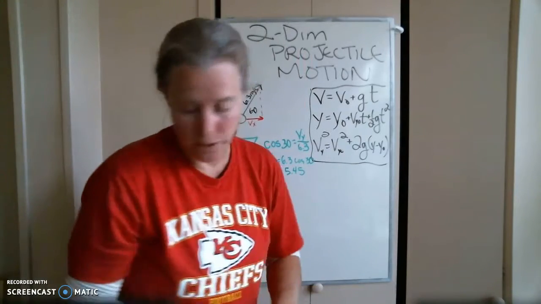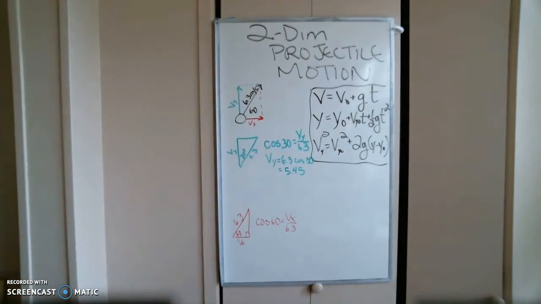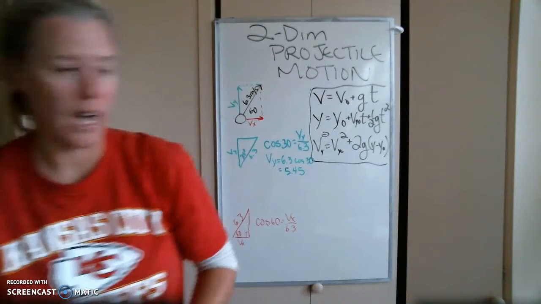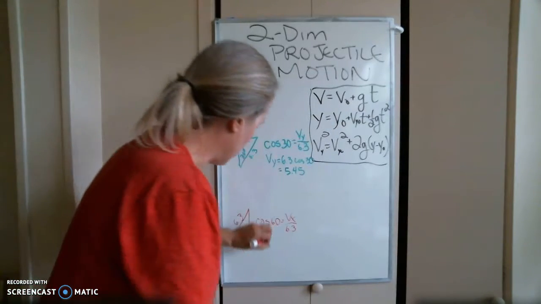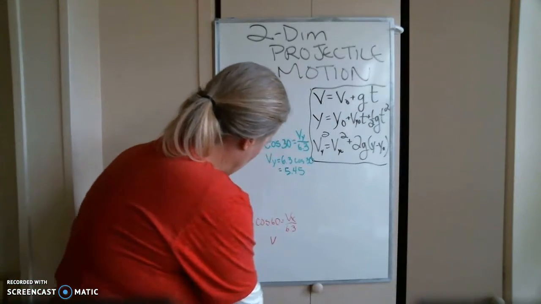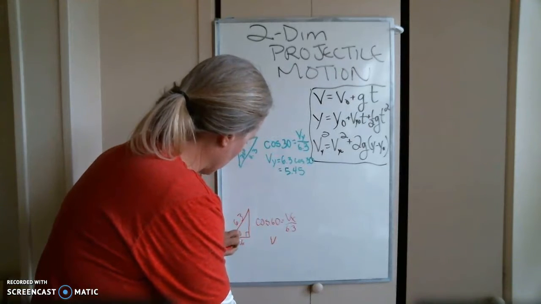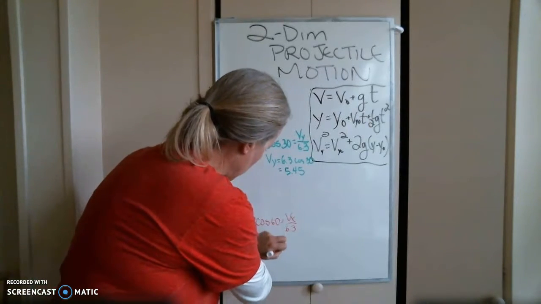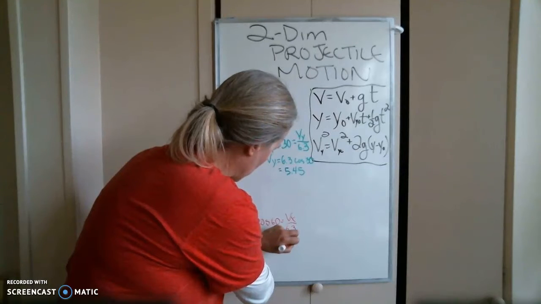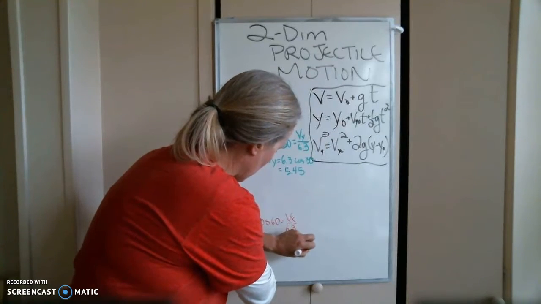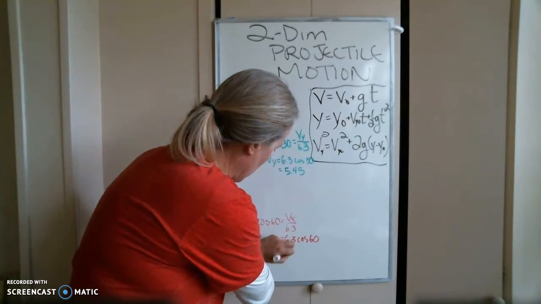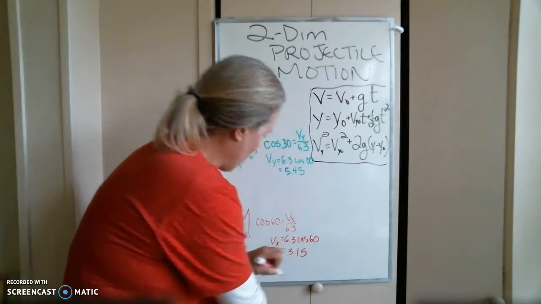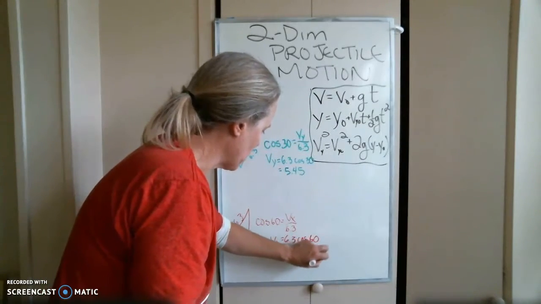I'm going to do the calculation for the horizontal also, and that is going to be Vx, right? If I set this up, hypotenuse, Vx is over here. This is a 60 degree. Cosine of 60, so Vx equals 6.3 cosine 60, and that would be 3.15 meters per second.